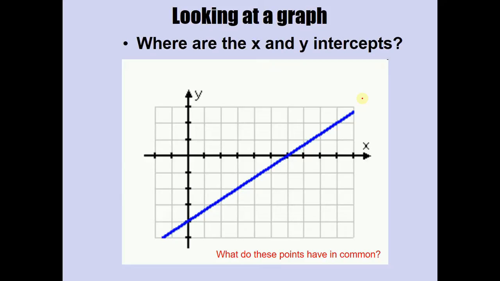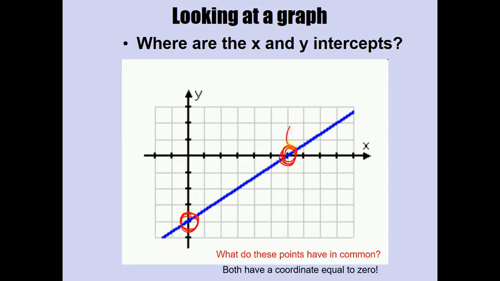Now, where are they on a graph? Well, x-intercepts are where they are crossing over the x-axis, right here. That is the x-intercept. The y-intercept is right here. What do we notice that's common between these two points? Well, they both have a 0 for a coordinate. Look at this one.